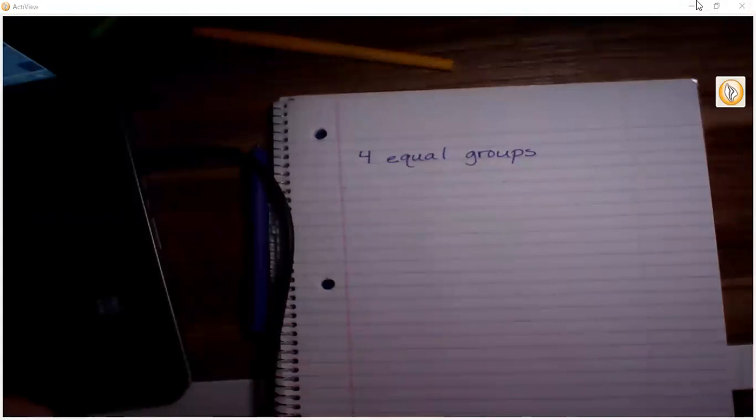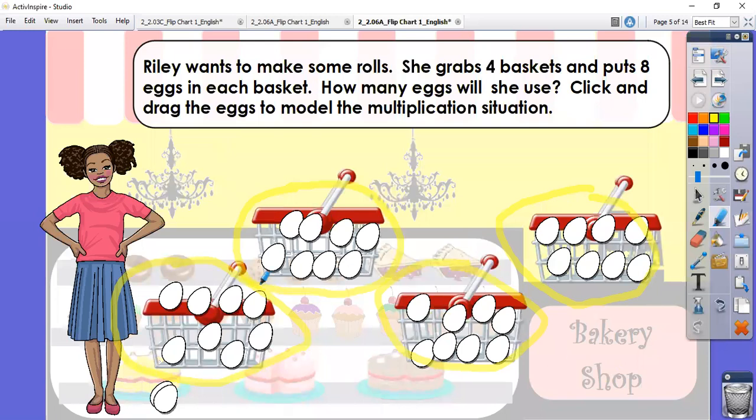We have 4 equal groups, and inside of those groups, there are 1, 2, 3, 4, 5, 6, 7, 8. Let's make sure they're all equal. 1, 2, 3, 4, 5, 6, 7, 8. Okay. 1, 2, 3, 4, 5, 6, 7, 8.